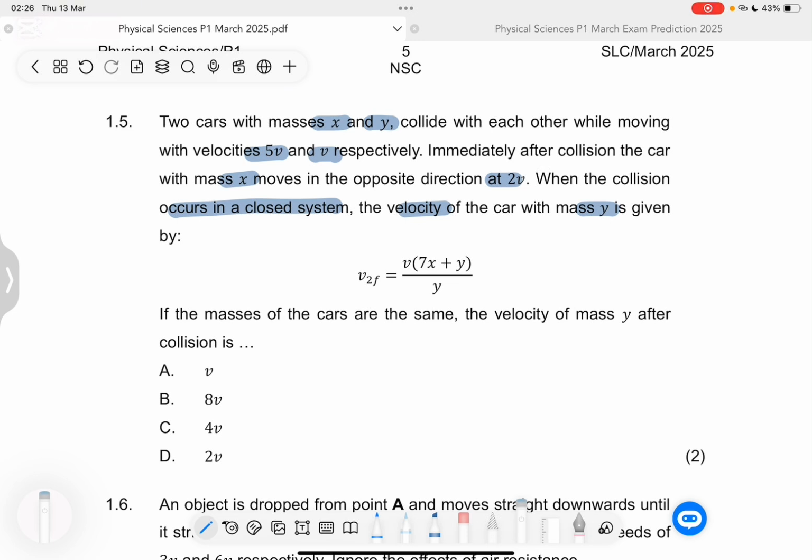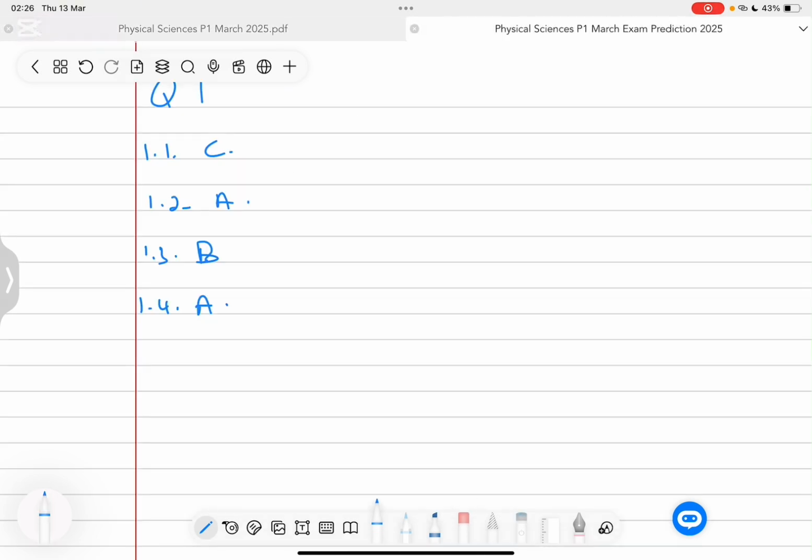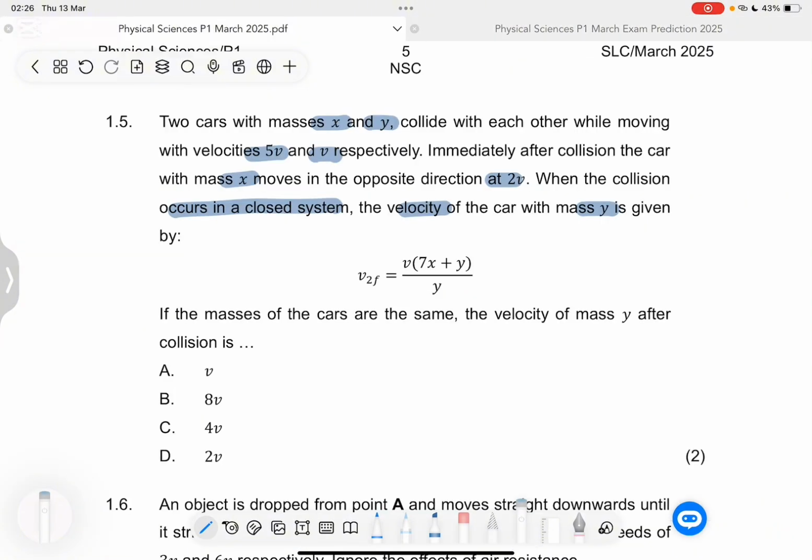You then use the equation of the law of conservation of momentum. So you say M1 V1 initial plus M2 V2 initial is equal to M1 V1 final plus M2 V2 final. This is the law of conservation of momentum. We said it is going to be conserved because it's a closed system.